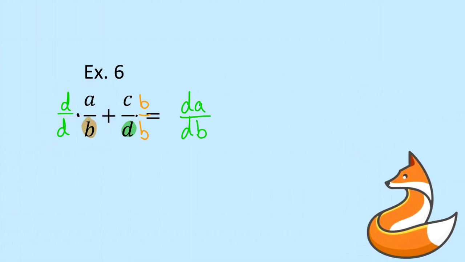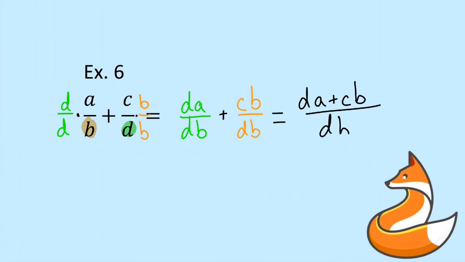And then we're going to be adding to that, multiplying these two fractions, cb over db. And notice that now we have common denominators, or the same denominators. So now we can just add. So that's going to give us dA plus cB over dB.